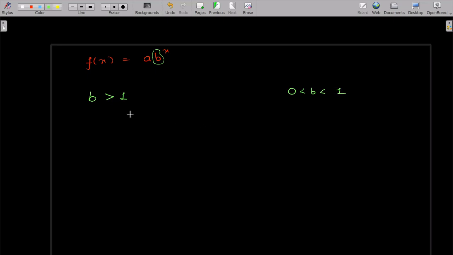So the first will be the case of growth, and this will be the case of decay. And you could be given a graph as well, so you should also know how the graph of an exponential function looks like.